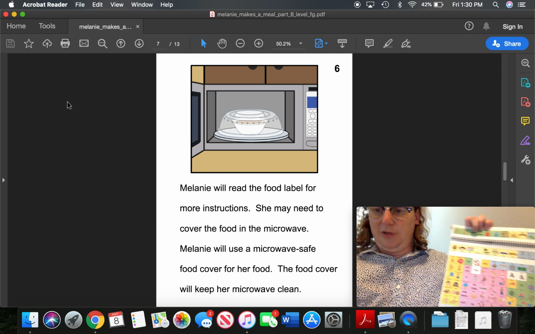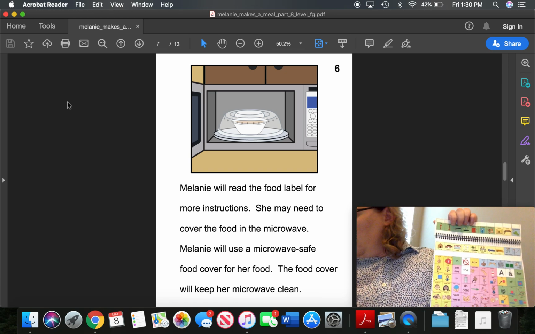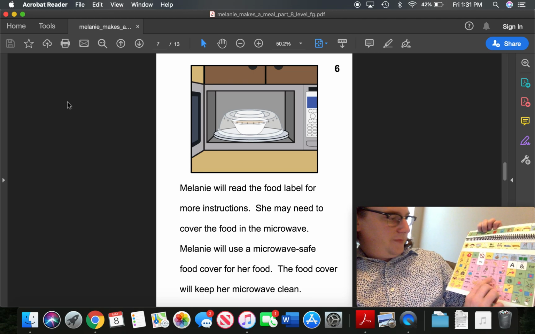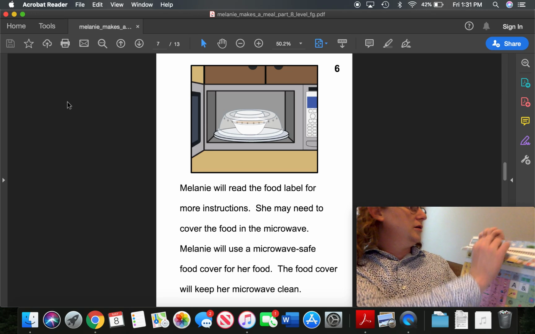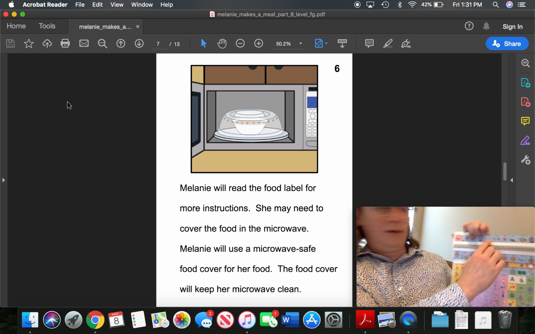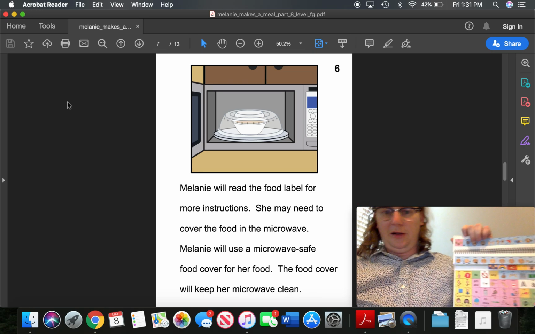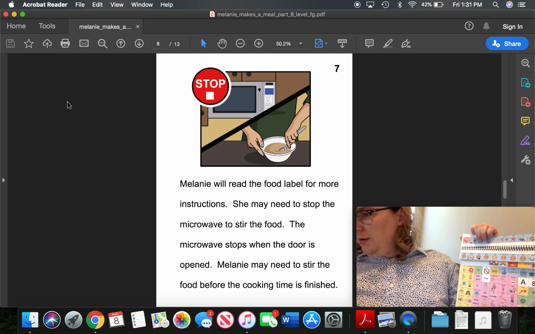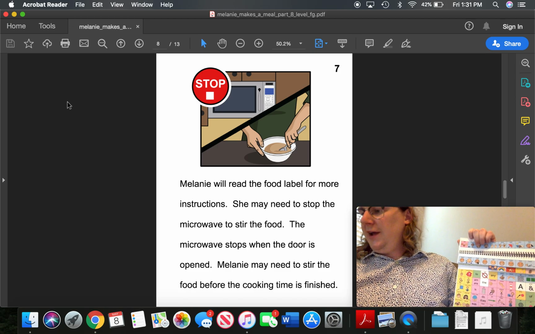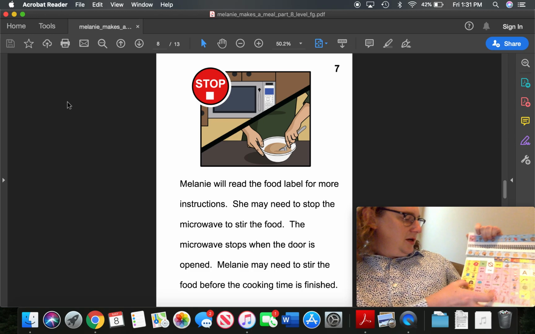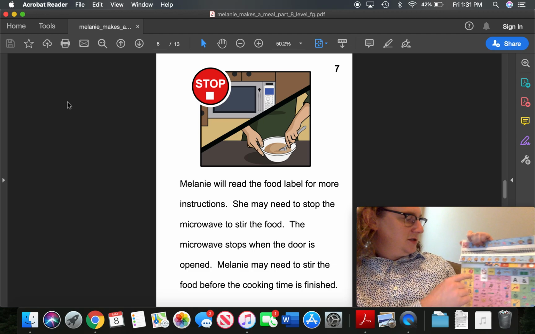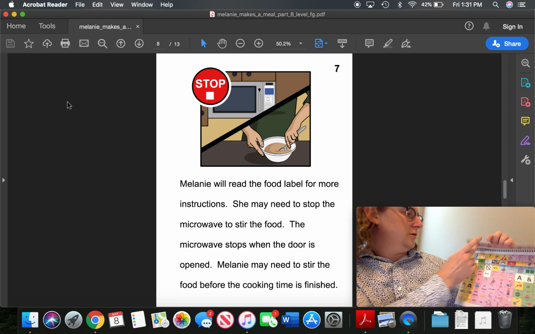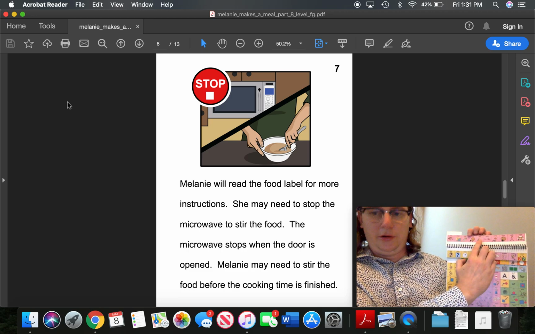So she needs to put something over it, something to help be clean. All right. And then she reads more writing on can. She needs to stop to stir.